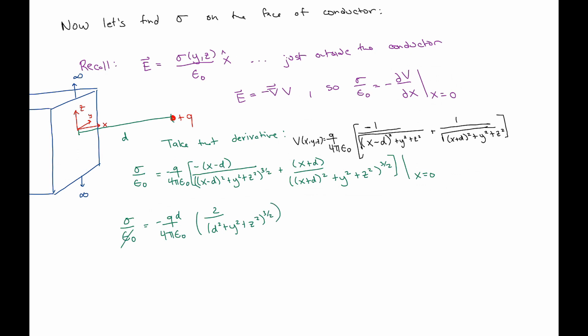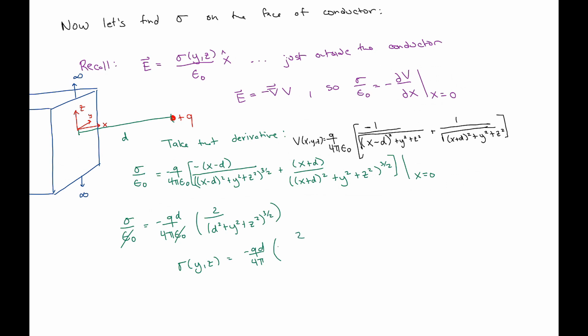Sorry, I can cancel that out. Let me make this even simpler still. And I get sigma, again on the sheet, so at different y's and z's, is equal to negative q d over 4 pi times all this business.